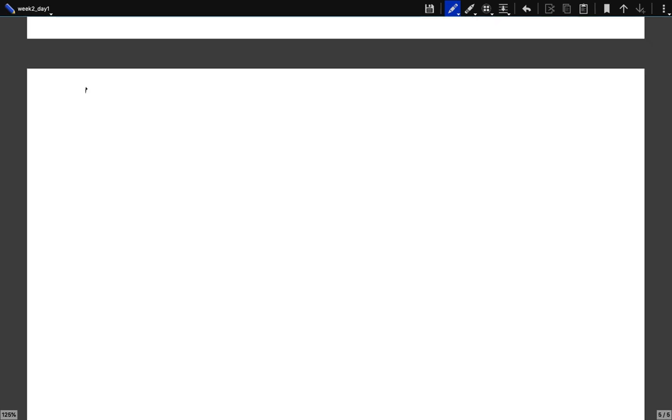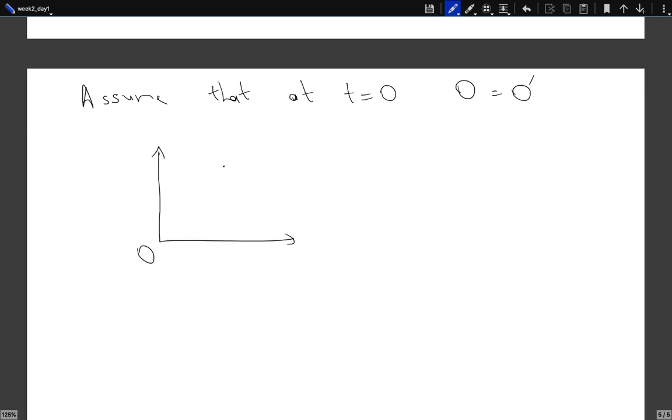Okay, so I will assume that I don't want to deal with translations. At t equal to 0, I have two reference frames. At t equal to 0, they overlap. Their origins overlap. X, y, x prime, y prime. Now, let's assume that the event happens over here.